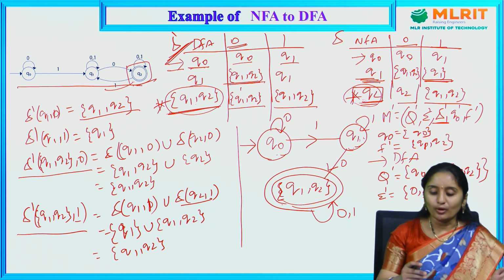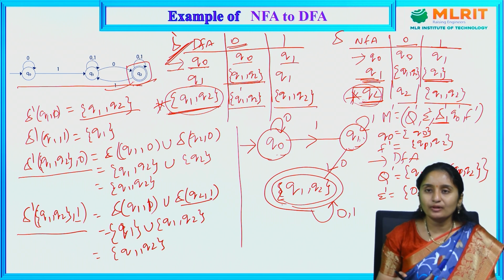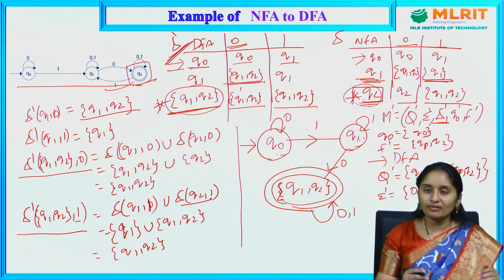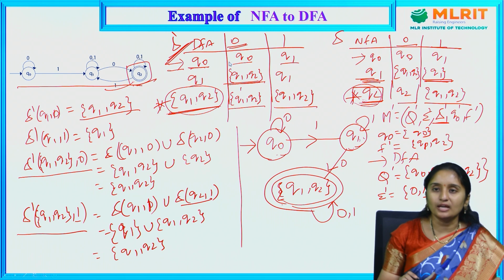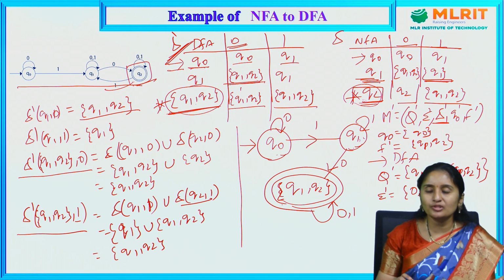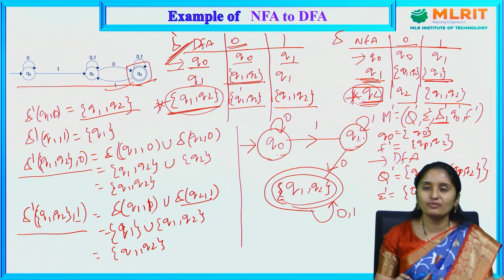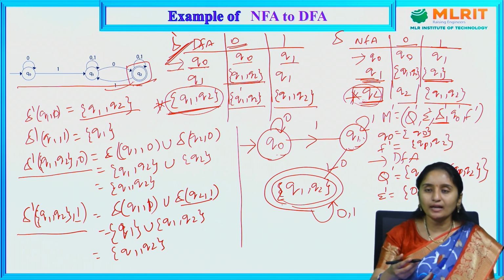So the overview of NFA to DFA is this: first we need to find the transition table for the NFA diagram. After that, we find the DFA transition table. When we construct the DFA transition table, new states are generated, derived on the set of input symbols we have. We keep deriving until we don't get a new state.